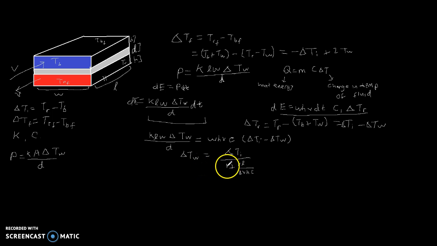And again, to save time, by plugging this value in and rearranging the equation, you get delta T final equals delta TI times 2 over 1 plus KL over DVHC, minus 1.